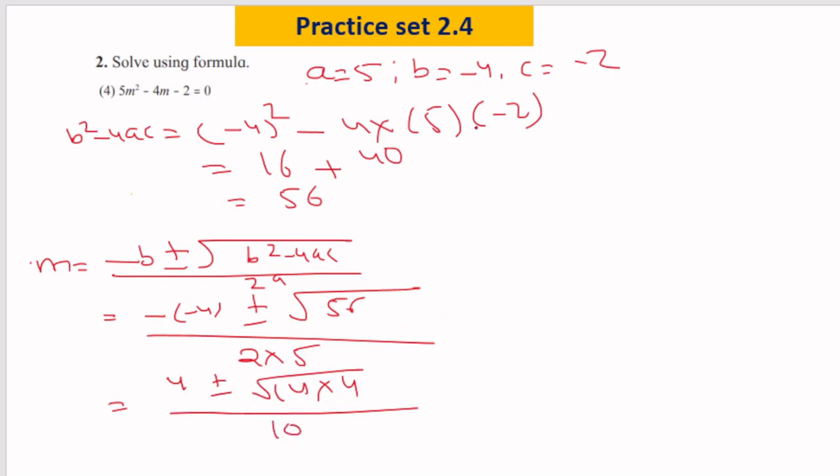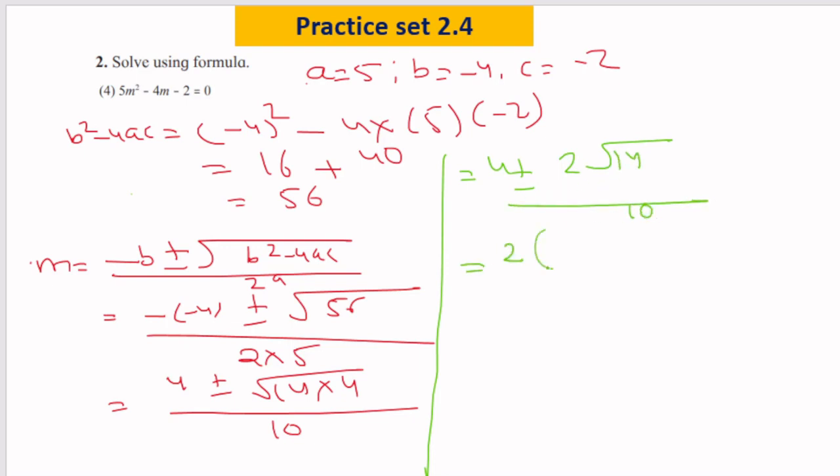After solving further, 4 plus minus, the 4 will come out, it will become what? 2 root 14 divided by 10, and now we have a 2 common. So inside what will remain? 2 plus minus square root of 14 divided by 10. So it means 2 will get cancelled with 10.